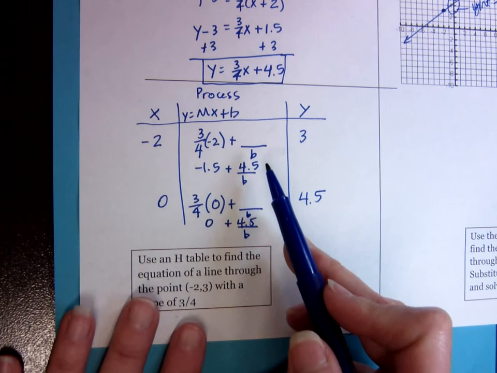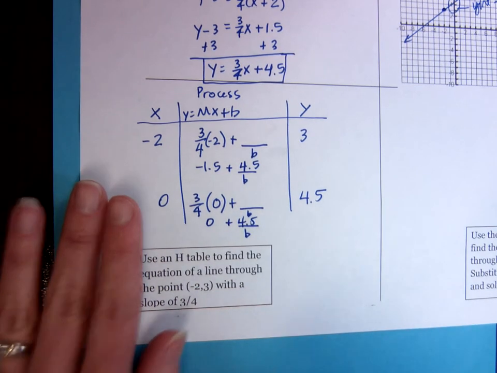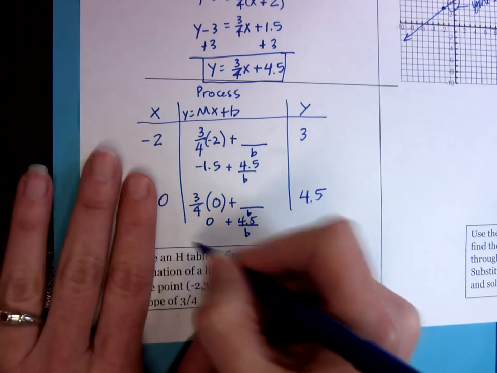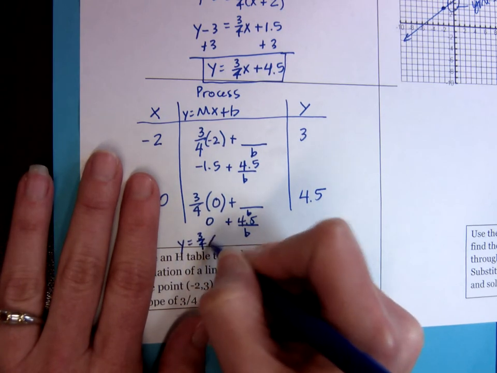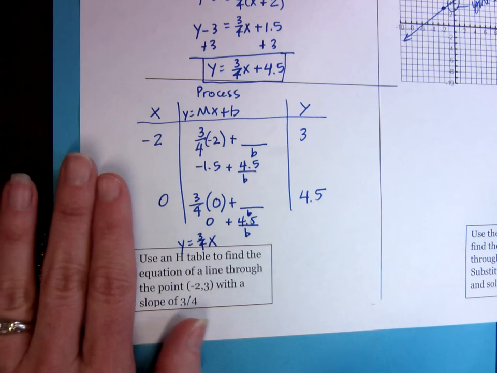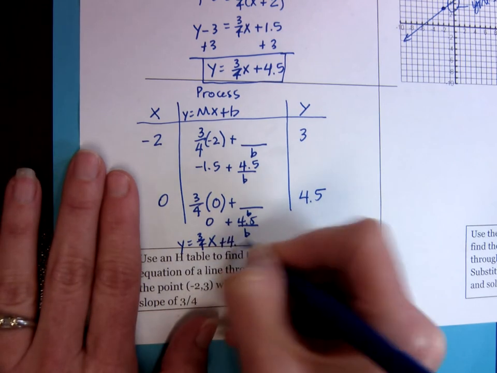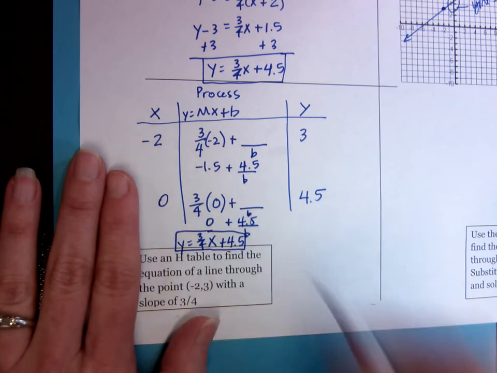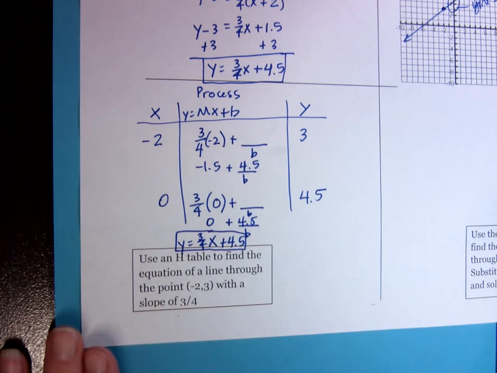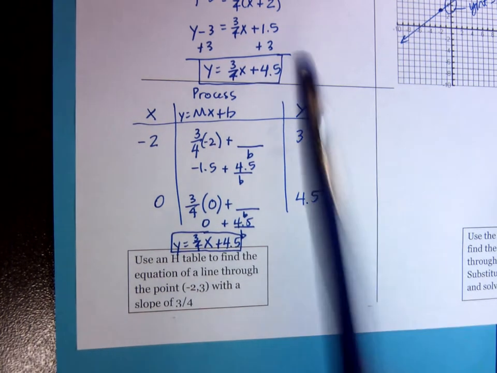Yes. So then our process becomes our equation. Y equals 3/4 times whatever the x is, and if you add 4.5, you will get the y value for that. Is that the same equation that we got on the other two?